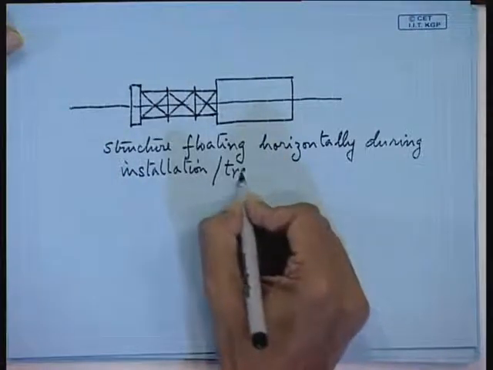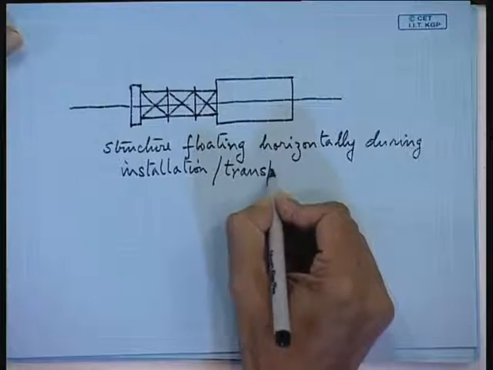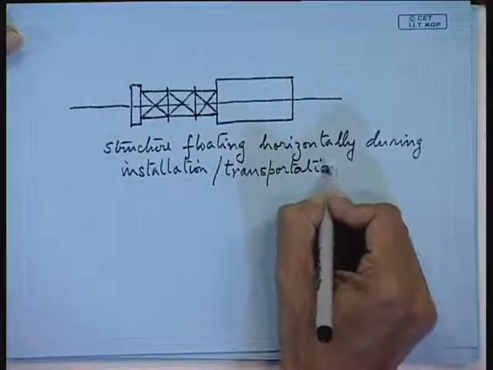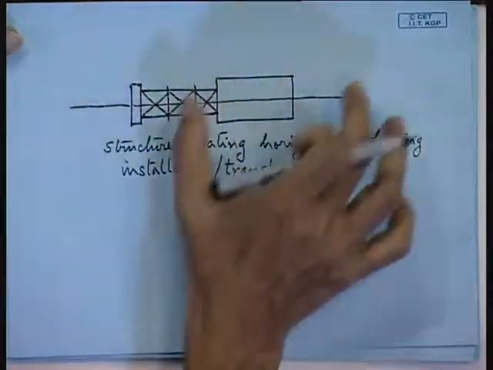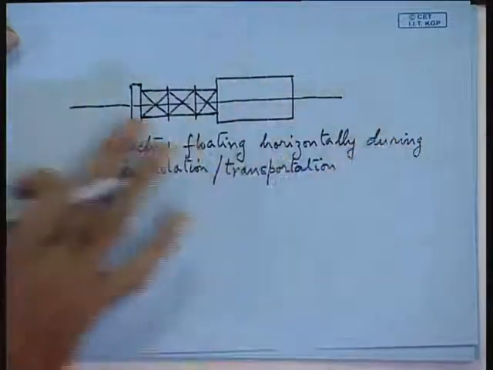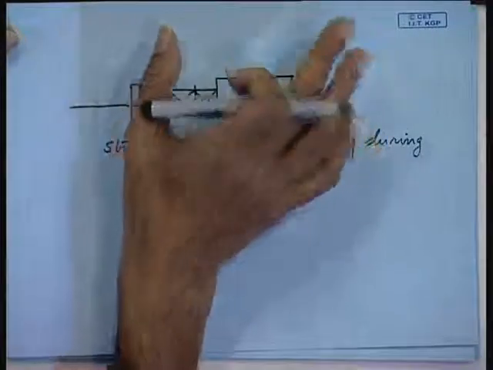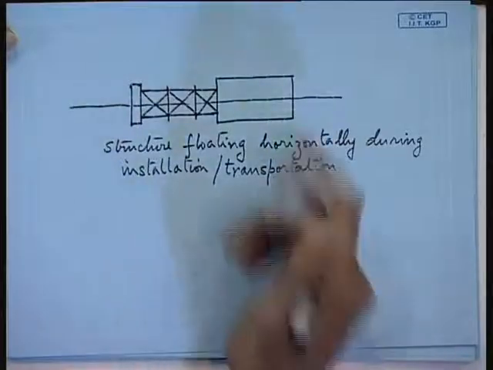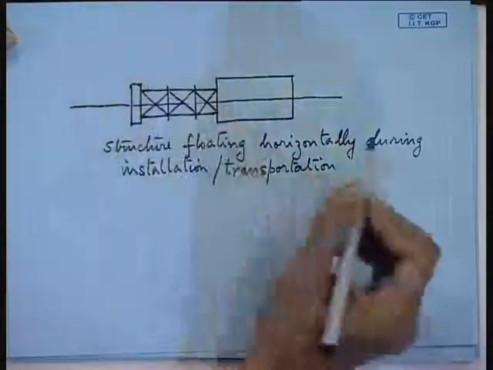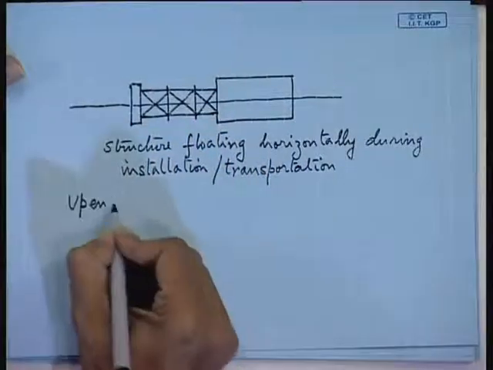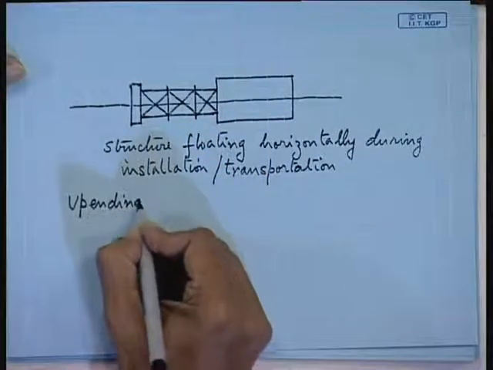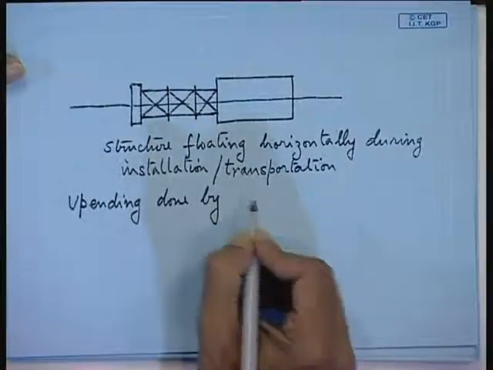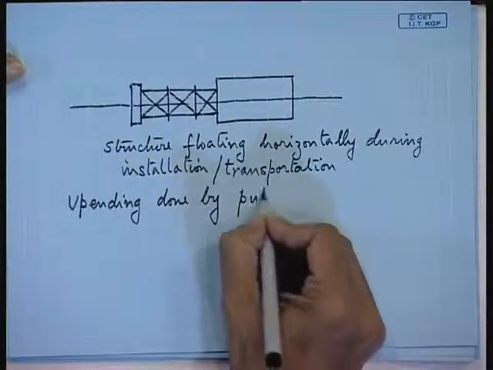Now, this is also the mode for transportation. You transport the structure horizontally on a barge like this, okay, and then you try to float it off like this. You roll it off the barge onto the sea and it floats like this. Now, you have to upend this structure. Now, upending is actually done by putting solid ballast.